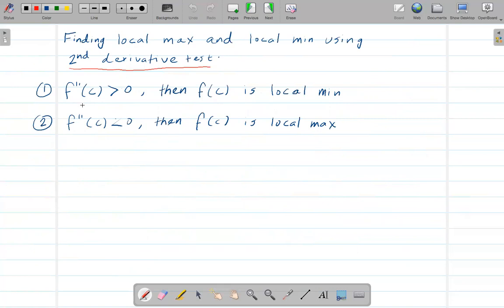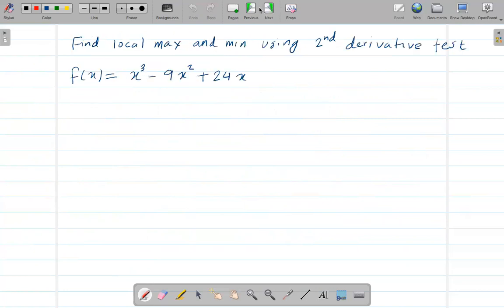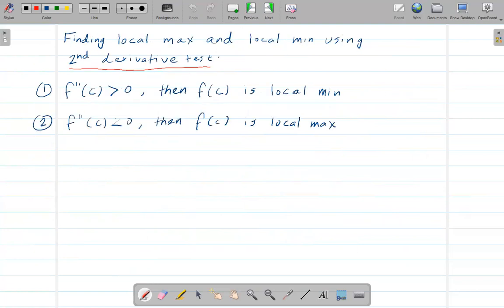If you don't, then probably you won't get full points, or maybe you'll just get 0. Let's do an example. Now here, if we get the second derivative at c, where c is a critical number.